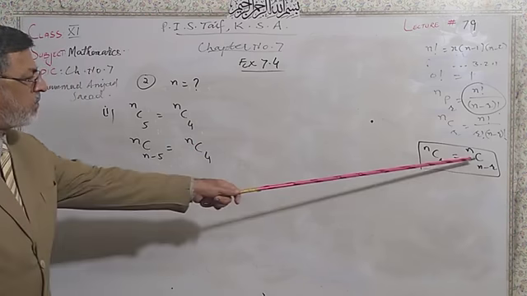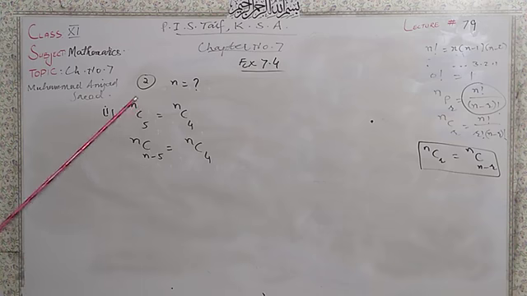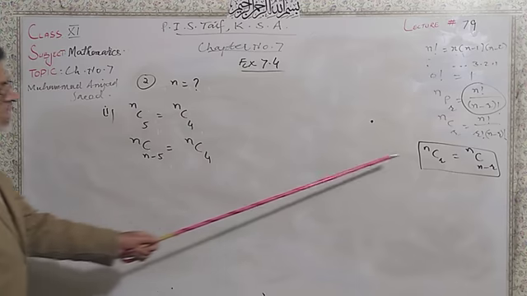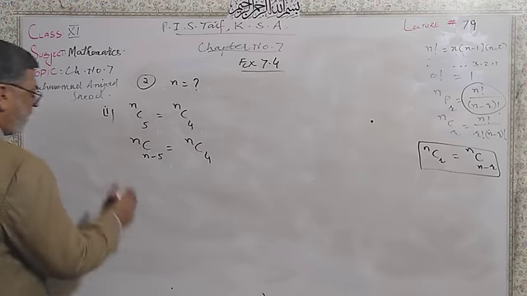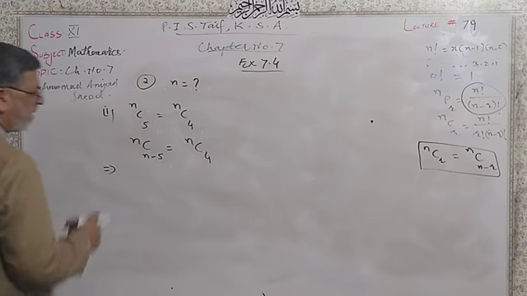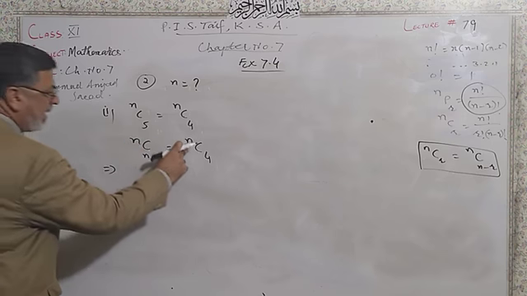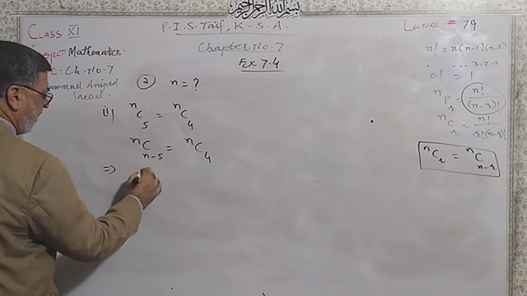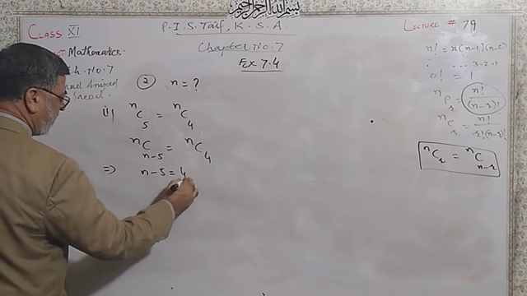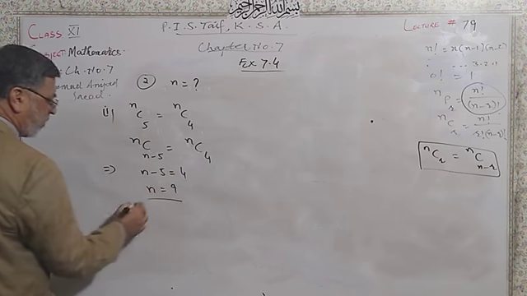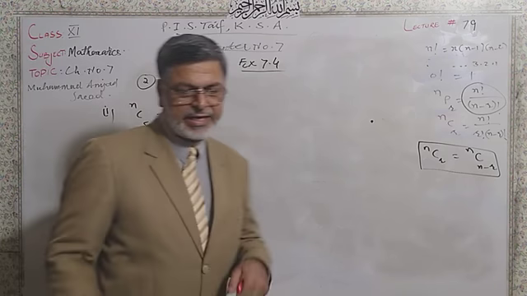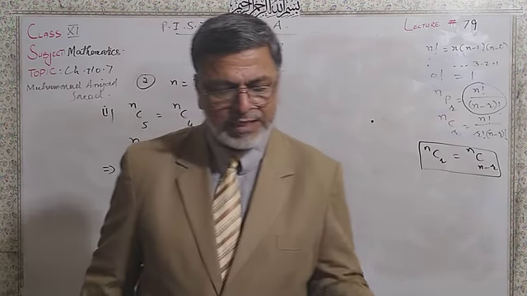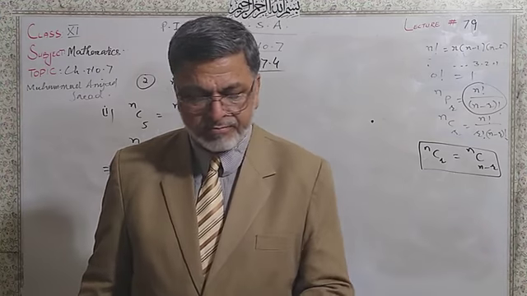By applying this formula, nC(n minus 5), this is nC4. Here, as you know that the values of n are same, so you can compare. We will have n minus 5 is equal to 4 and n is equal to 9. So this is the way how we will find the value of n.